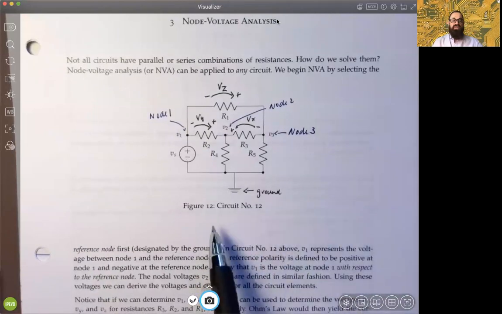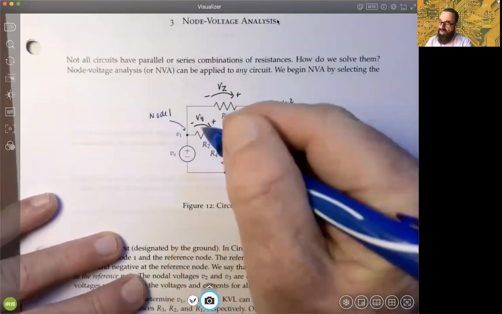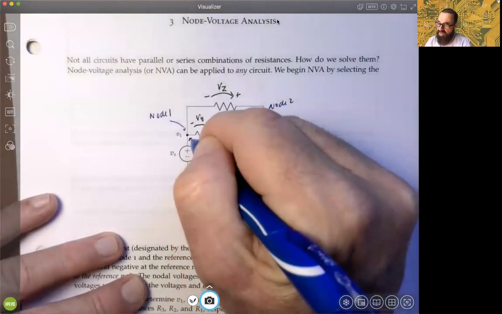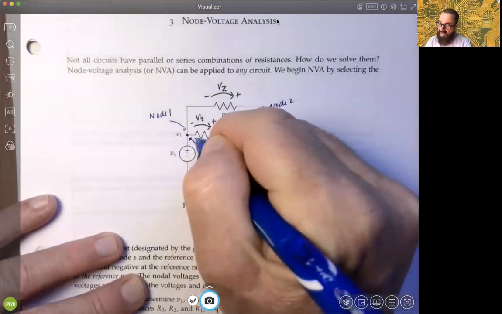As indicated here in the text, the reference polarity is defined to be positive at node 1 and negative at the reference. So if we were drawing a voltage arrow representing node 1 voltage, then we would represent a voltage arrow like this, call it V1 minus plus that way.